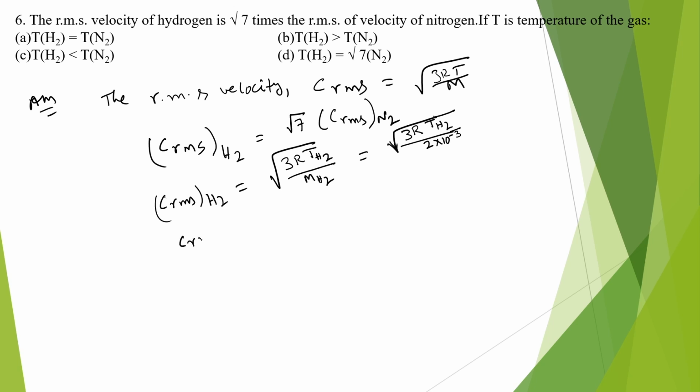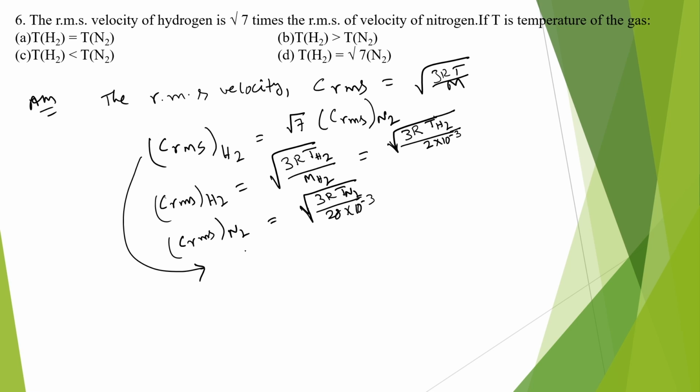Similarly, CRMS of nitrogen is root over 3RT of N2 by, for nitrogen the molar mass is 28, so 28 times 10 to the minus 3. Now, it says CRMS of hydrogen is root over 7 times the RMS velocity of nitrogen.